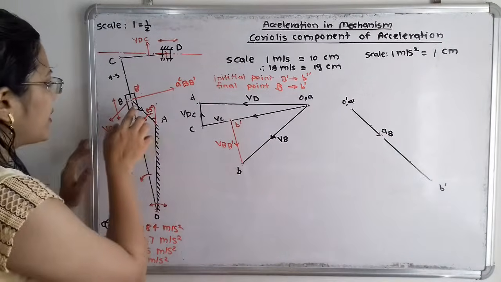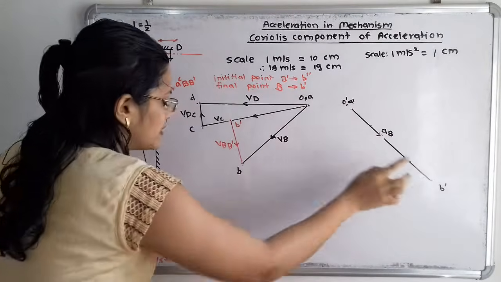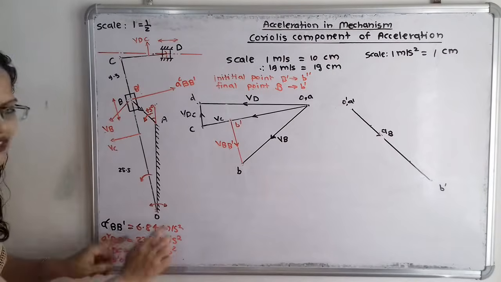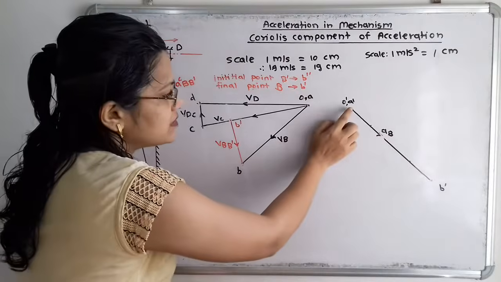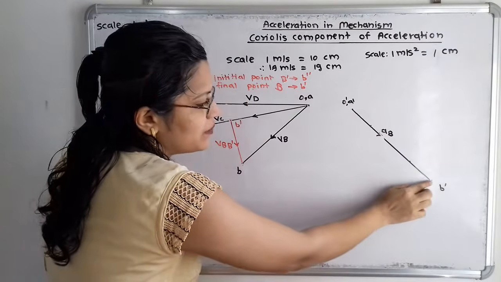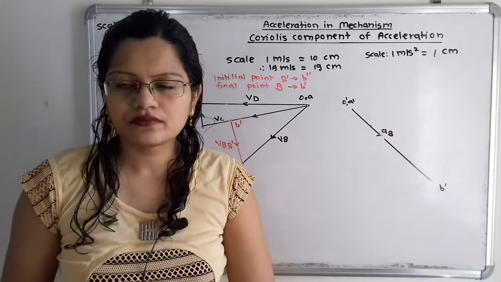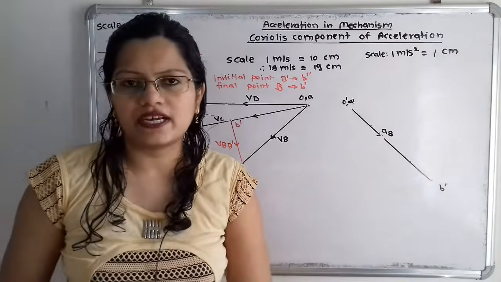Now from this point we will draw one line parallel to this AB, and with scale here radial component of AB is 23.7 meter per second square. That means we have to take the distance 23.7 centimeter and we will locate here the point B dash. So this point B is indicated as a B dash.